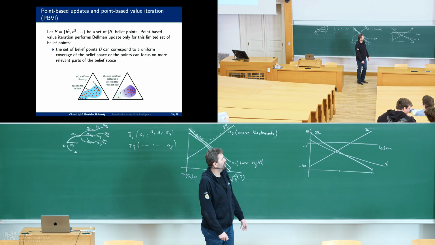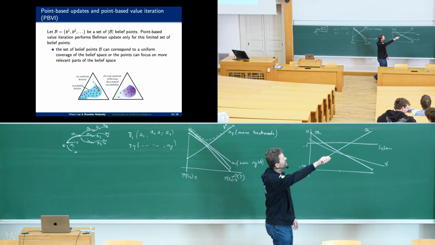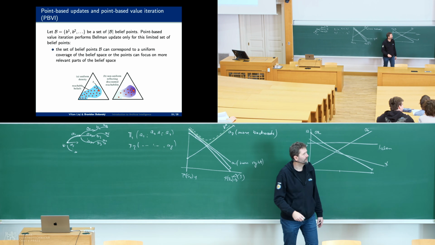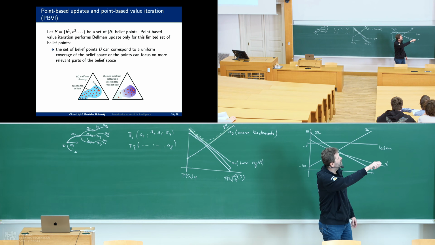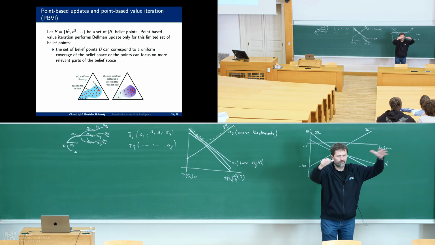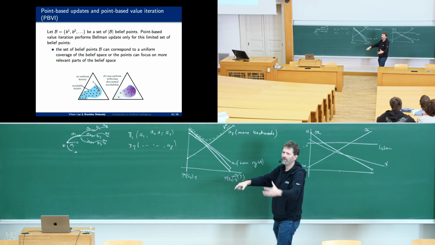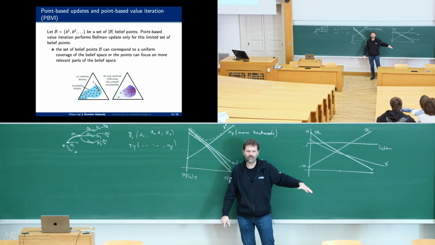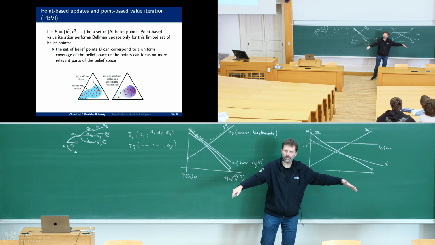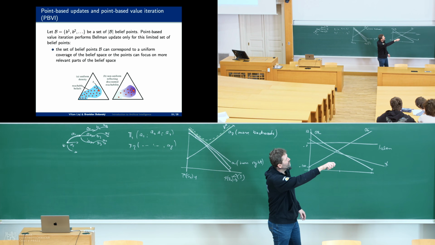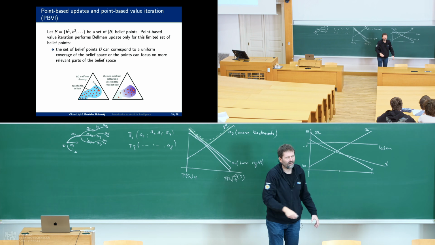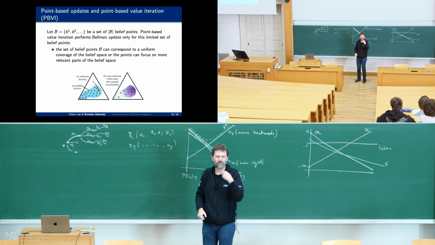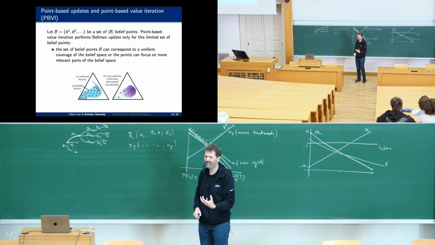So what we can do is, let's say that this diagram represents our simplex, and these are all the belief points, right? So the whole triangle is all the belief points. If we are optimizing in a value iteration style, we are optimizing everywhere. And the blue blob are only those belief points that are reachable when we are actually acting in the problem.